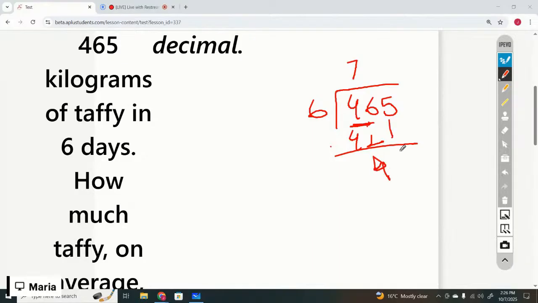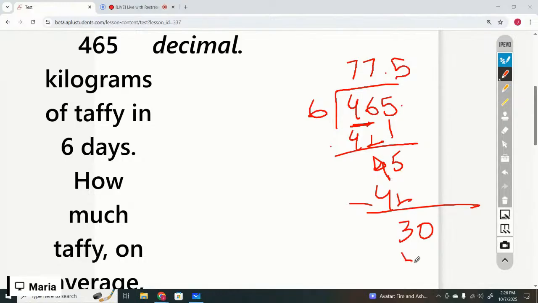Now bring the next digit down, that is 45. So we can go for again 6 times 7 is 42. We have 3 here. Now you need to put a decimal point over here and over here also. You need to add a 0 and count a table of 6 until 30. So 6 times what number is 30? 6 times 5 is 30.